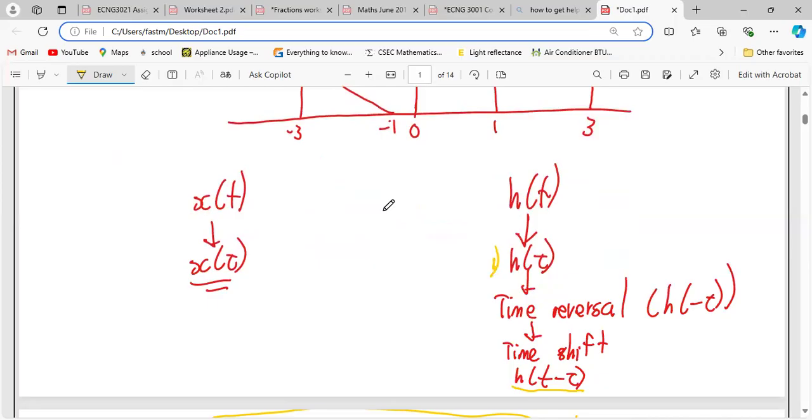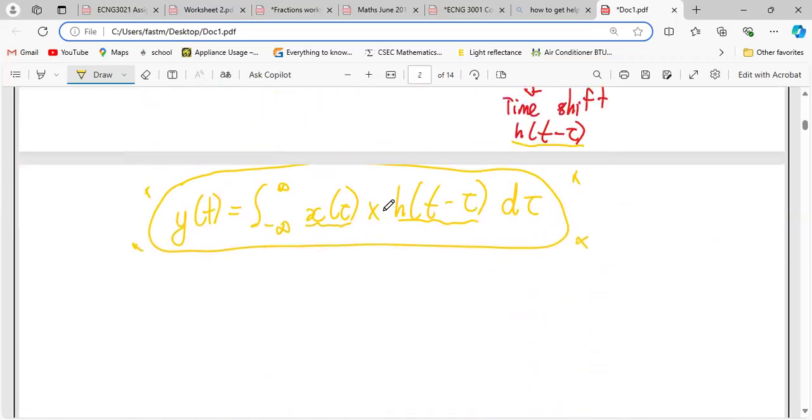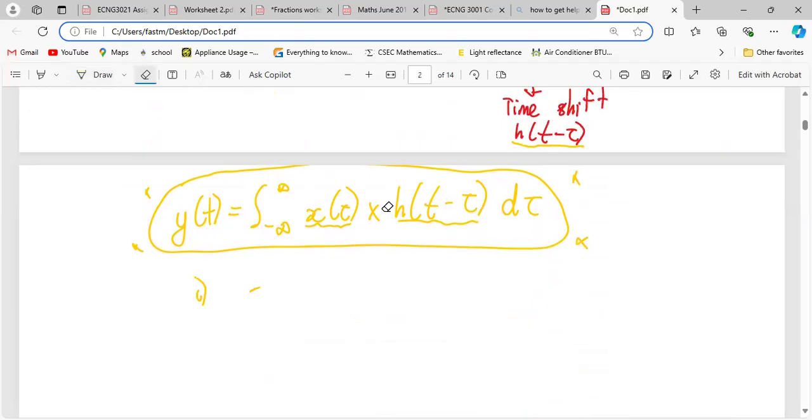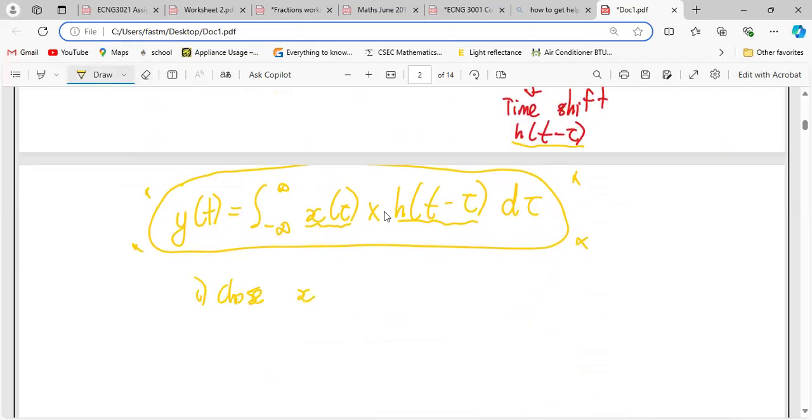All right, so I'm going to start the question, but that is all it is. Takeaways: knowing this equation, and I'll just write these steps up. Say pick, or you can say choose. In this case, you're choosing x at t and h at t.